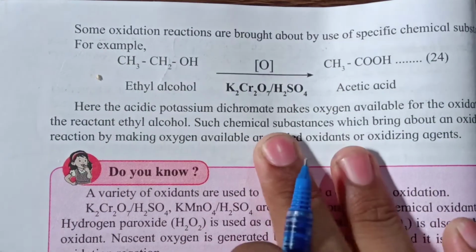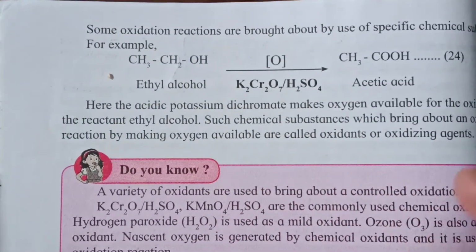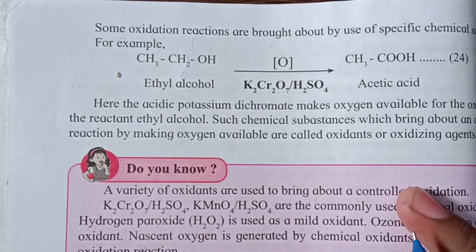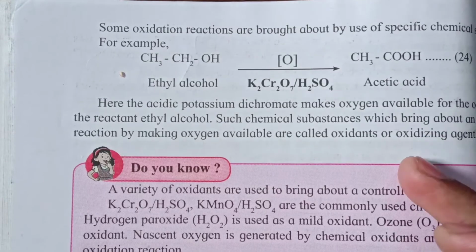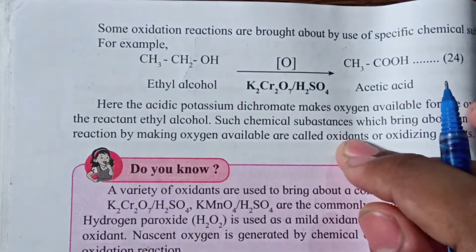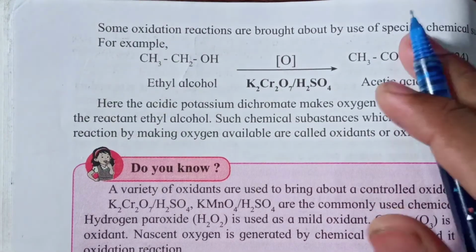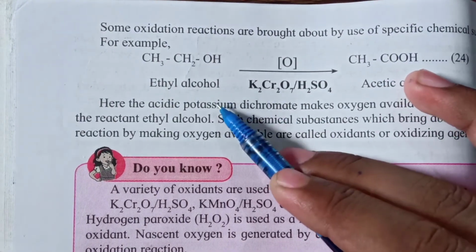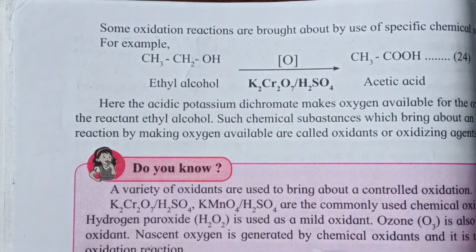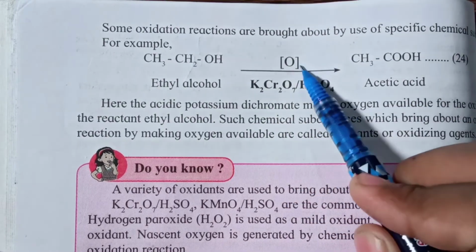Before moving on to reduction, let us see a few properties and examples related to oxidation and understand oxidation a bit in brief. So some oxidation reactions are brought about by specific chemical substances, for example ethyl alcohol, then nascent oxygen.